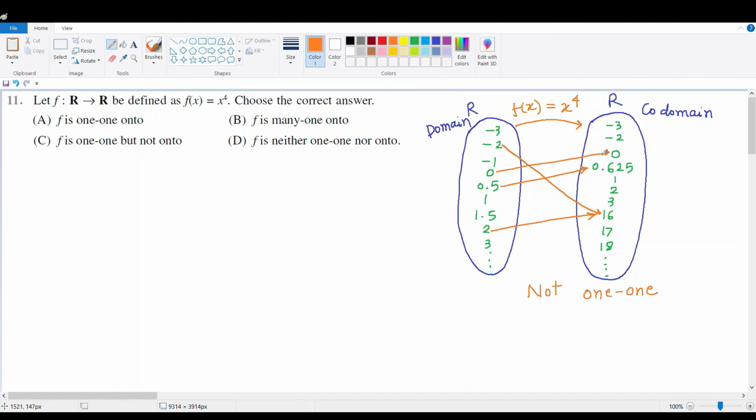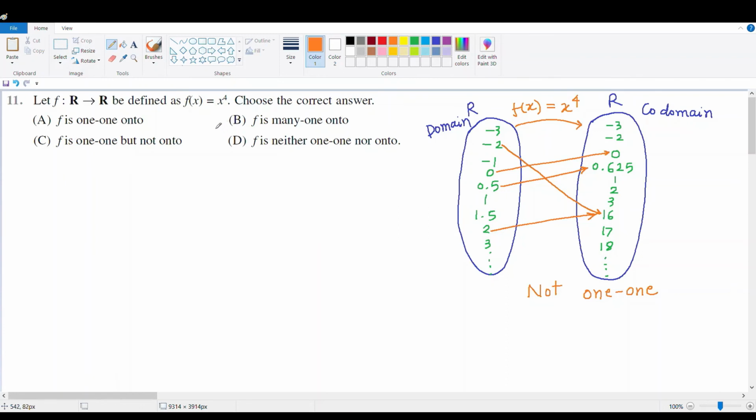And can you think of any number whose 4th power is going to be negative 2 or negative 3? What did I just say? When you have an even power, you will never have your answer as a negative number. Why? Because you are multiplying 4 times.